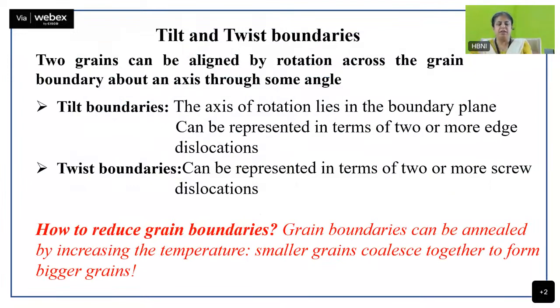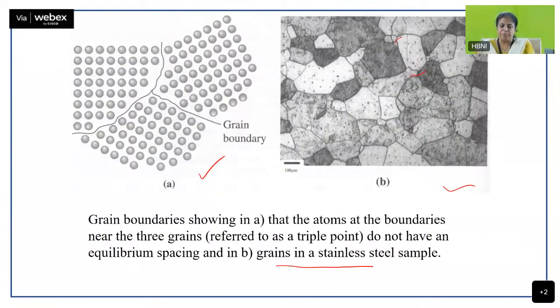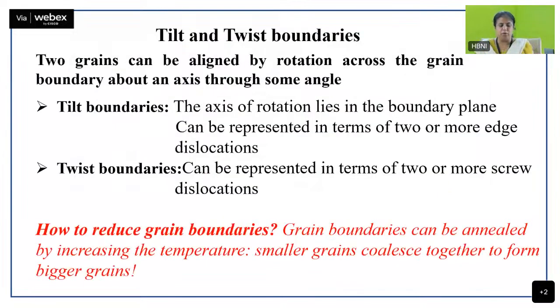Okay. Now, these grain boundaries, as we saw, the grains across the grain boundary have a crystal structure similar to what the crystal structure is here, but they are tilted or twisted by a certain angle. Now, how can I describe this grain boundary?